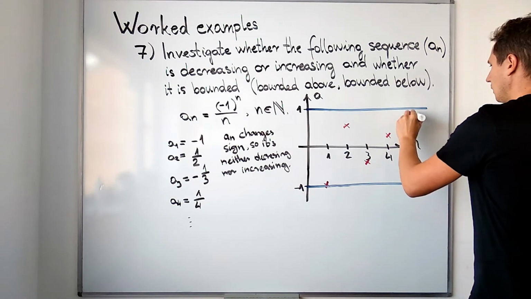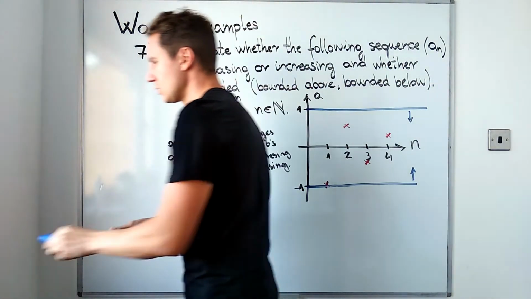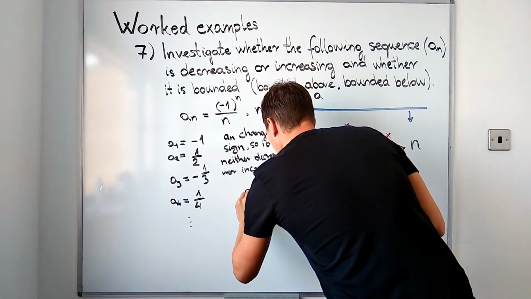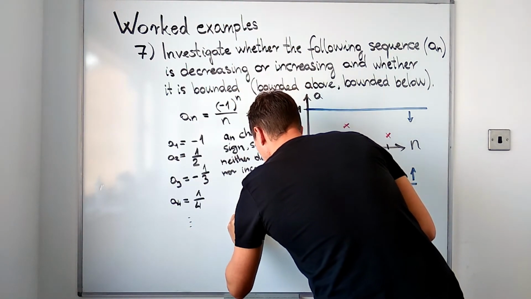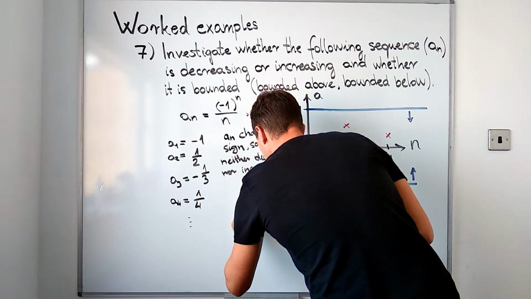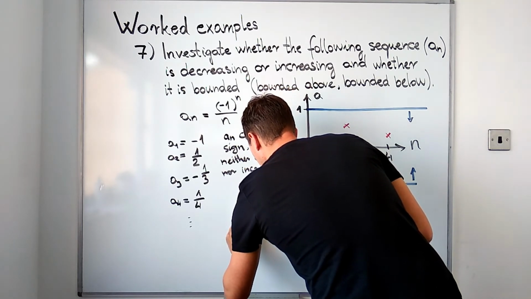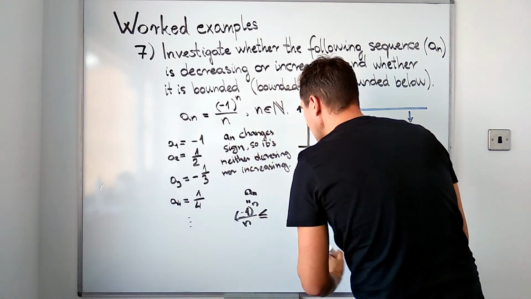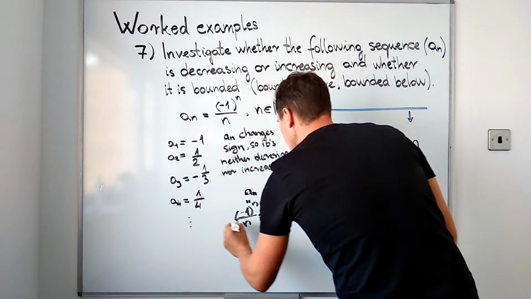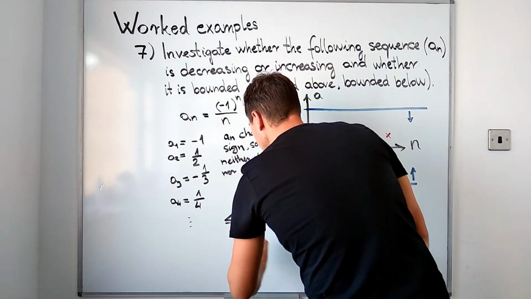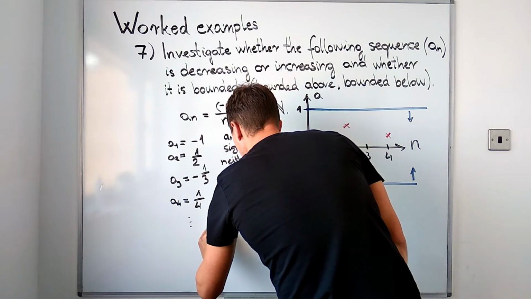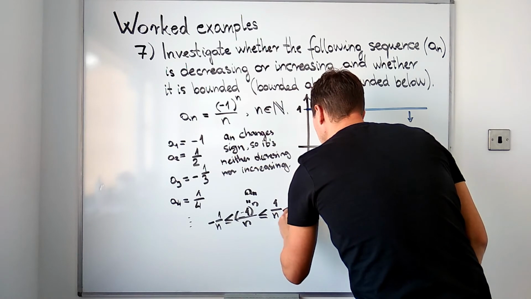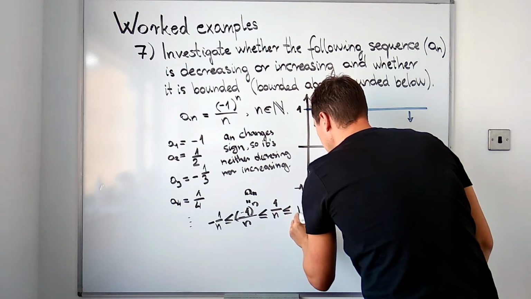So it will be bounded, but just to make sure we understand, we can take a_n, which is (-1) to the power n divided by n, and realize that it is less than or equal to 1 over n, but it is greater than or equal to -1 over n, and these numbers are less than or equal to 1, or greater than or equal to -1.